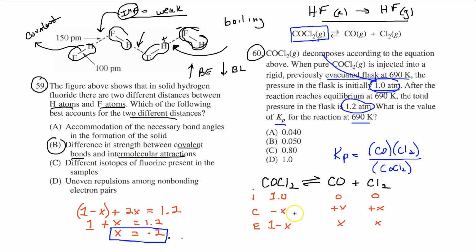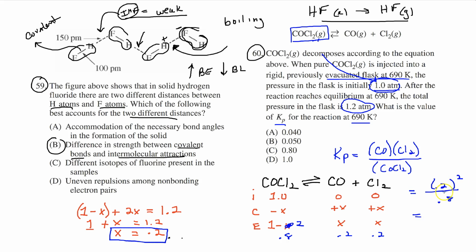Now plug that in. This is 1 minus 0.2, that's going to be 0.8, and this is going to be 0.2 and 0.2. So all I have to do now to solve for Kp is plug these values in. This is 0.2 times 0.2, or 0.2 squared, over 0.8.